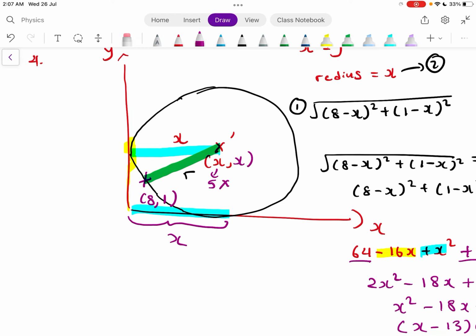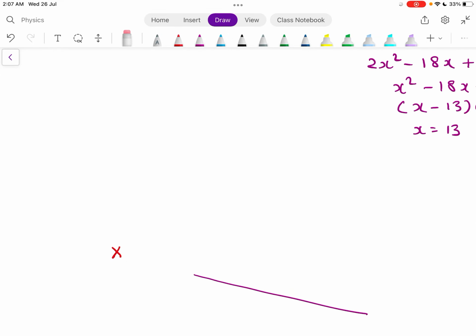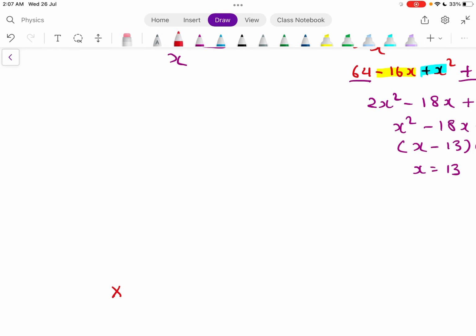It's actually on the left hand side of 8, meaning that this must be positive 13. If this is positive 13, definitely your y coordinate is also 13. So in this case I already found my 13. Okay, so the center of the circle is 13, 13.